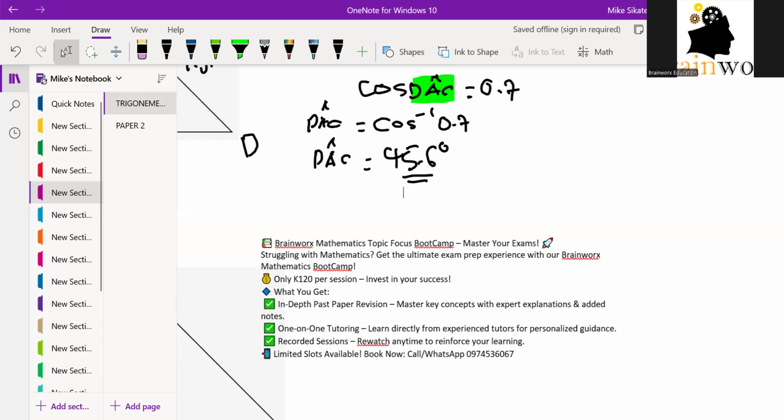Feynman technique means if you can't teach a concept to others, it means you yourself haven't fully understood that concept. So once you have this session with me and you understand your trigonometry, go out there and solve past paper questions with your colleagues.